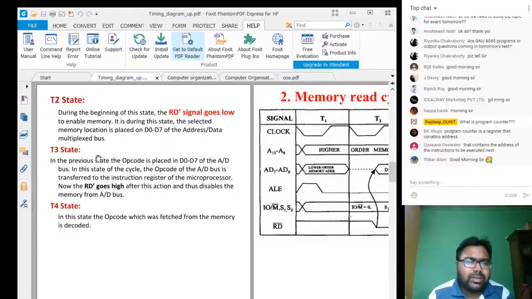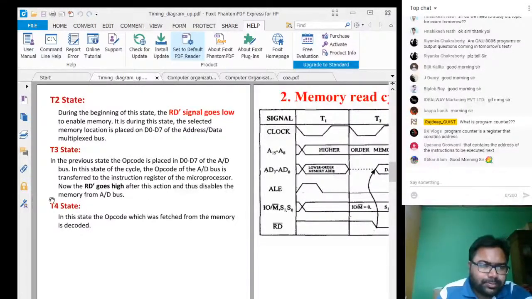Okay, T3 state. In the previous state, the opcode is placed in D0 to D7 of the AD bus. In this state of the cycle, the opcode on the AD bus is transferred to the instruction register of the microprocessor. Now the RD complement goes high after this action, thus disabling the memory from the AD bus.